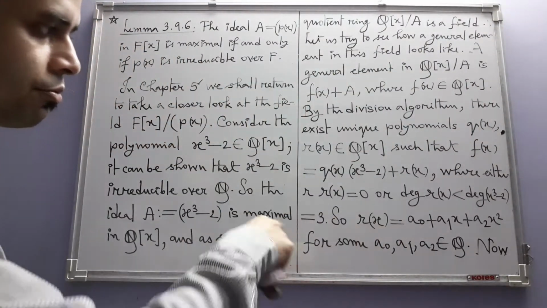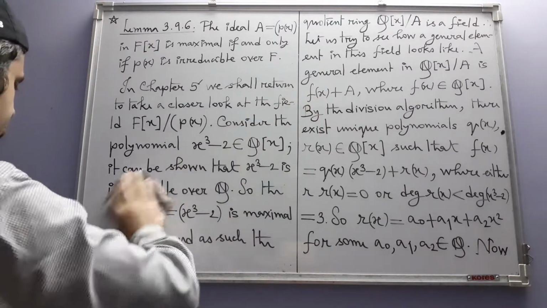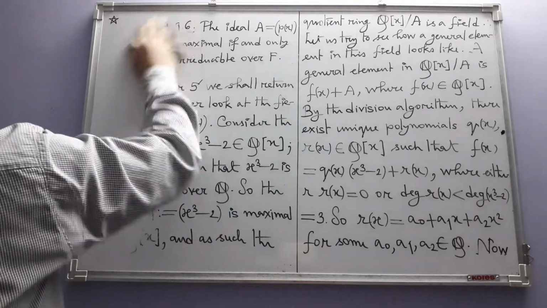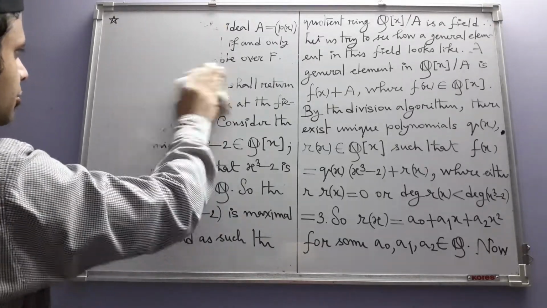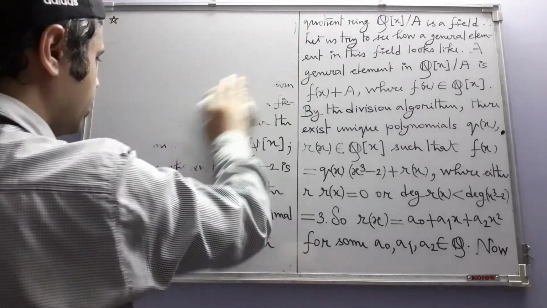Now what is the consequence of this form that rx has on this element? Using this form of rx, can we say something about the structure of that general element?